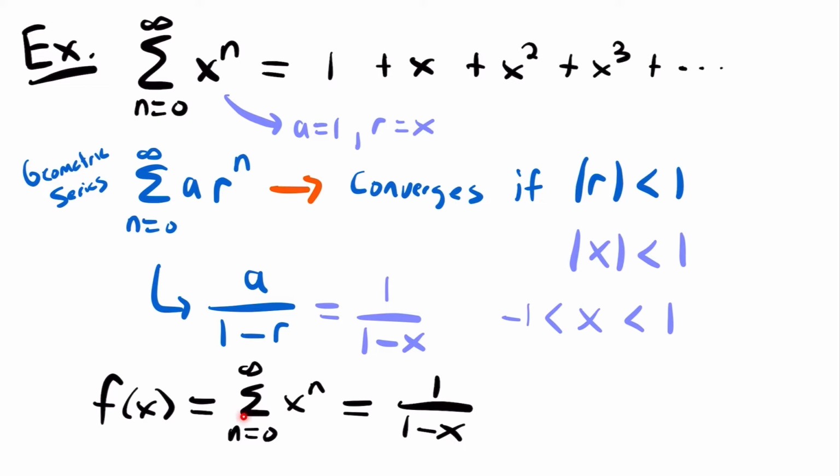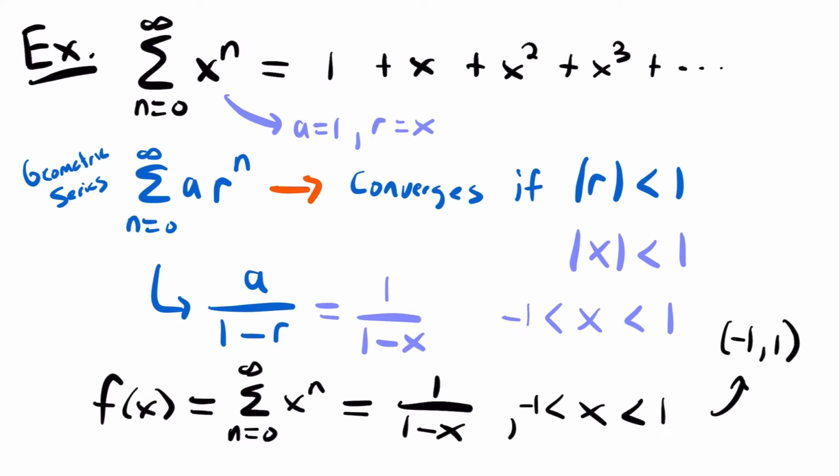However, because this power series only converges for values of x between -1 and +1, this function is only defined for those values of x. All right, so this series represents this function, but only for x greater than -1 and less than +1. And you could also represent this with interval notation of (-1, 1).